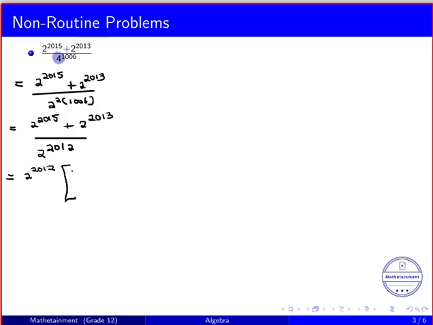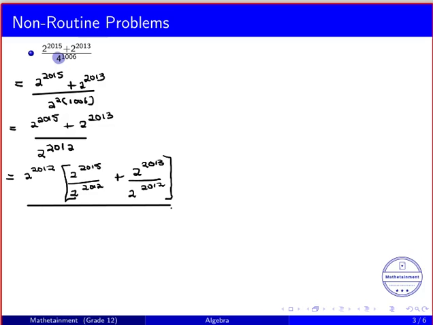So 2^2015 divided by my common factor plus 2^2013 divided by my common factor, all over 2^2012.